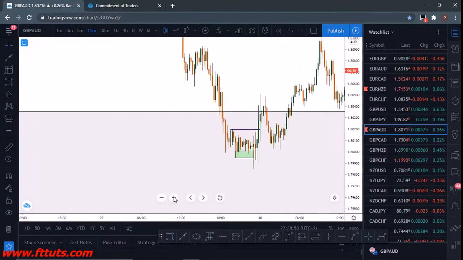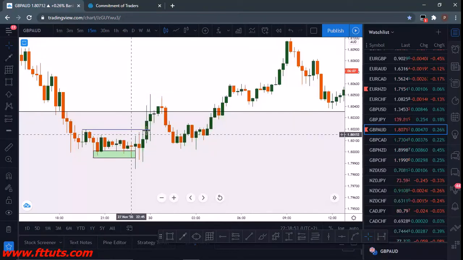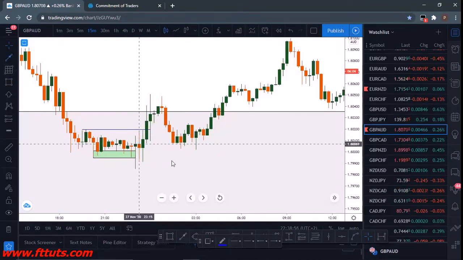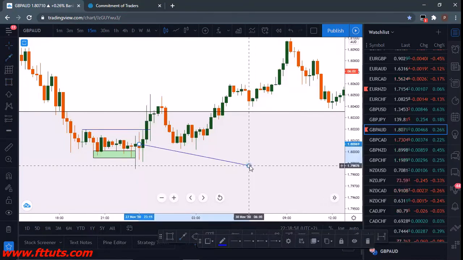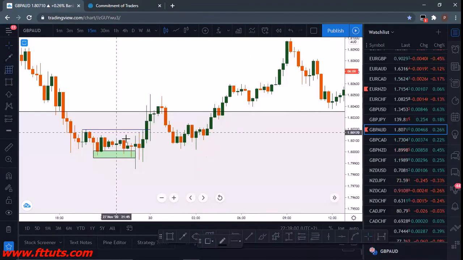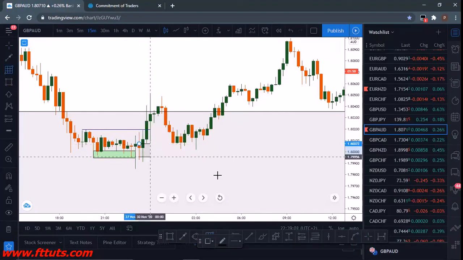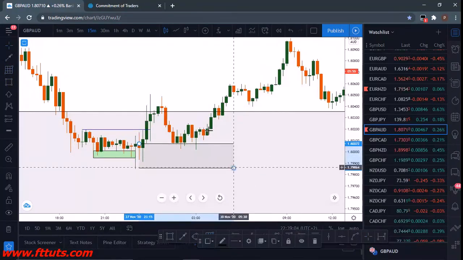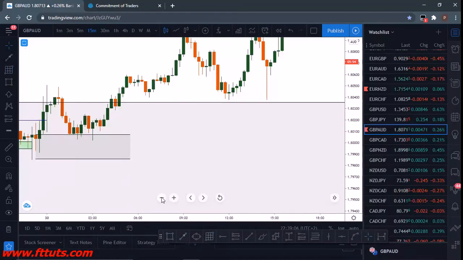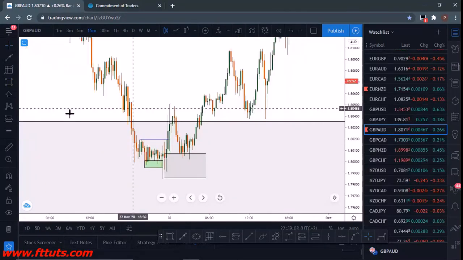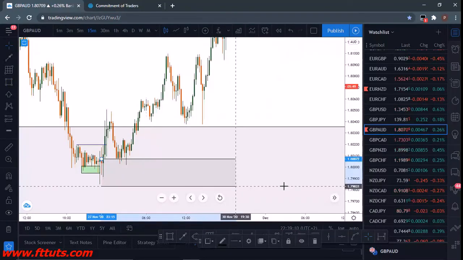So now you have break of structure, you have this sort of liquidity happening down here, and also you have this area here. So this is where the entry happened.